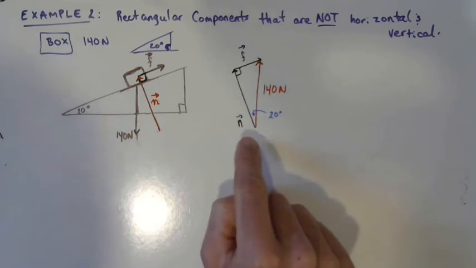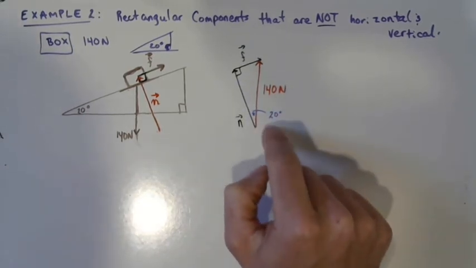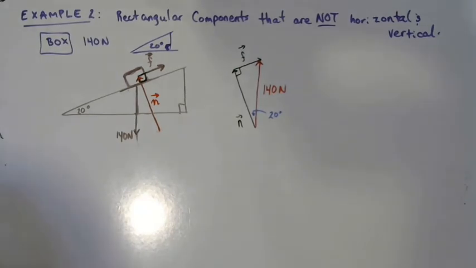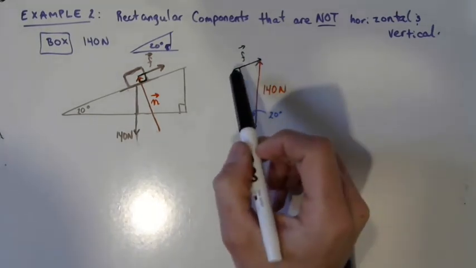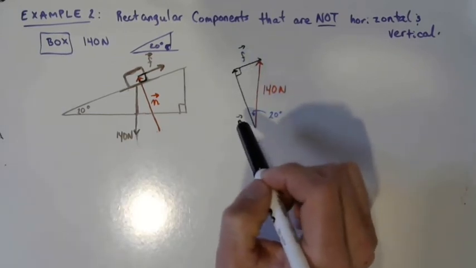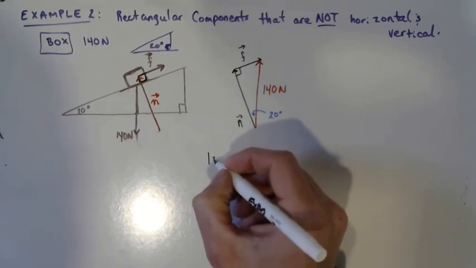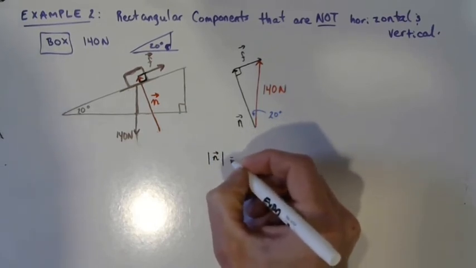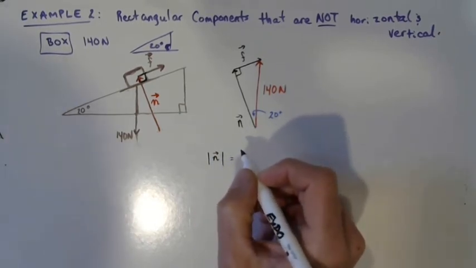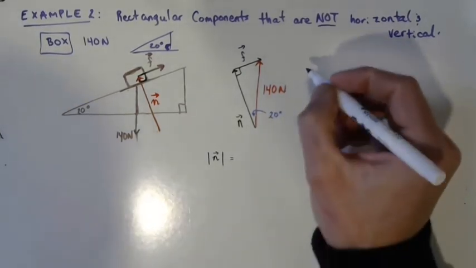So we have a right angle triangle, we have a hypotenuse, and we have an angle, which means that we can use Sohcahtoa in order to determine the magnitude of f and the magnitude of n. So we're going to do that now. The magnitude of n is equal to 140 over the cosine of 20 degrees.